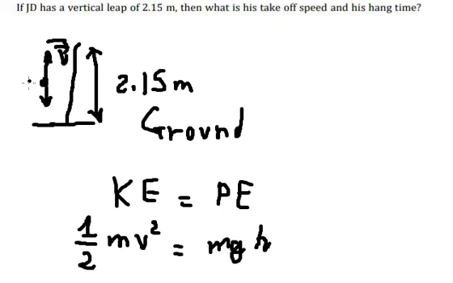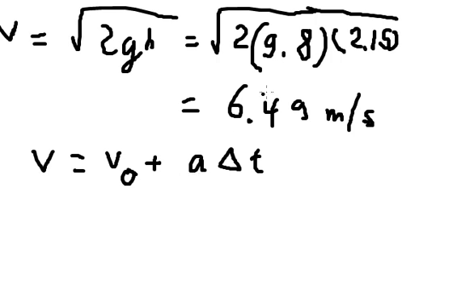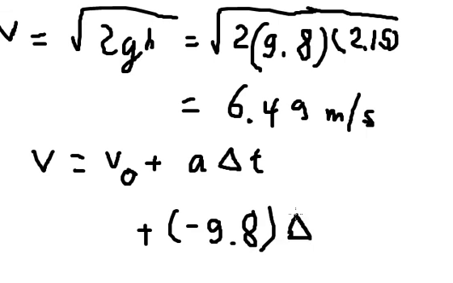So in this situation, a should be negative 9.8, and v0 is 6.49.